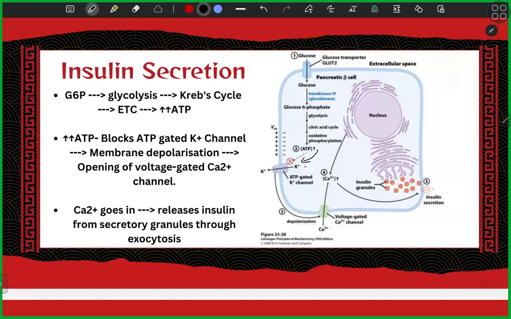When it blocks the potassium channels, the potassium cannot go out, so the positive charge inside the cell increases. When the positive charge inside increases, you have depolarization of the cell. Eventually the depolarization causes the voltage-gated calcium channels to open. So now calcium helps release the insulin granules through exocytosis. All right.